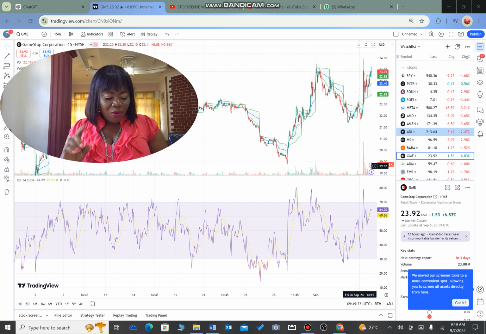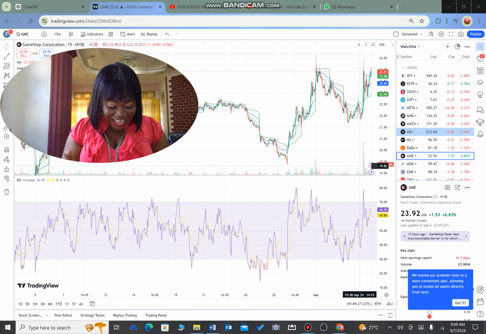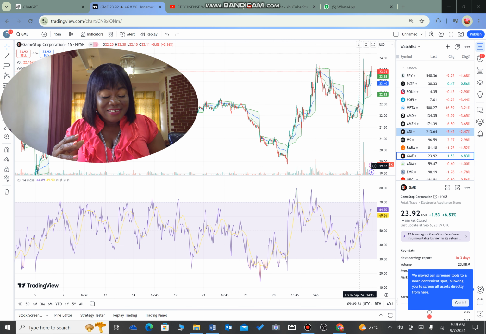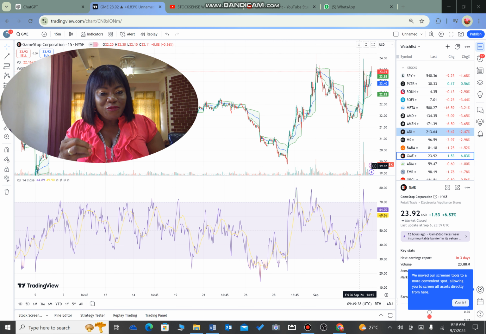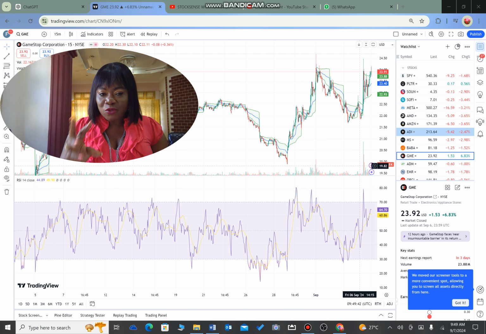Right, so I want us to look at another thing that makes scalping easier, and that is how to use the strategy to trade, and how you can record your profit easily. Now that has to do with the stock that we are using.